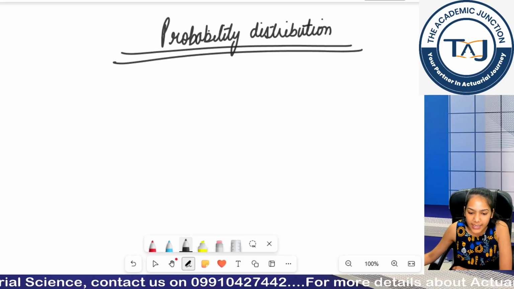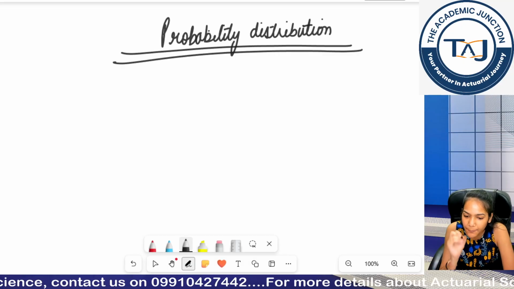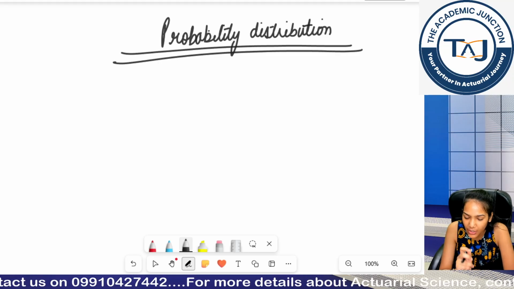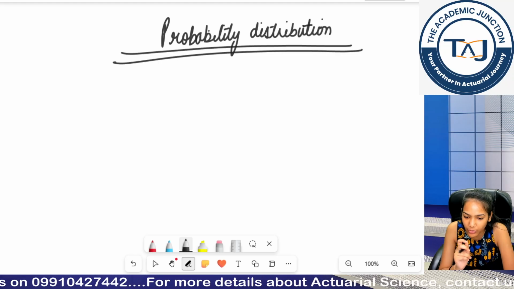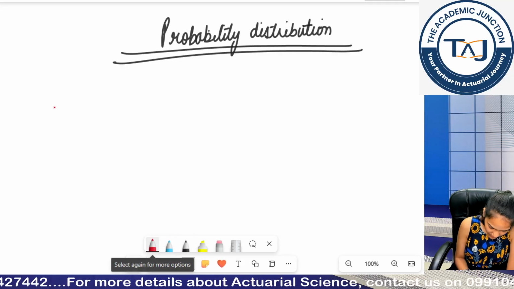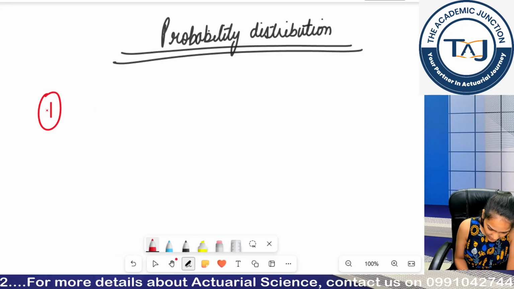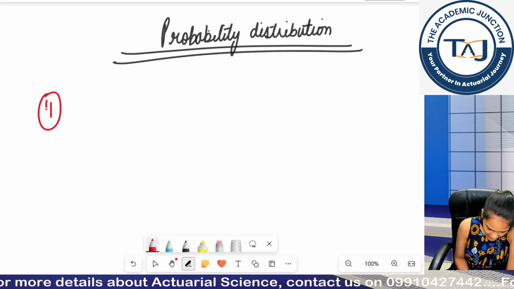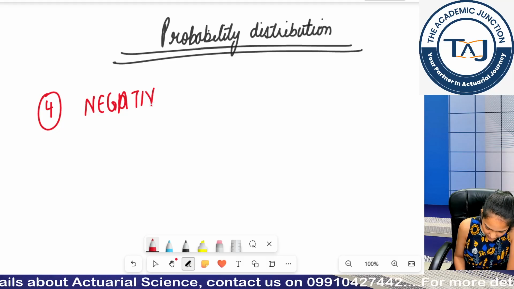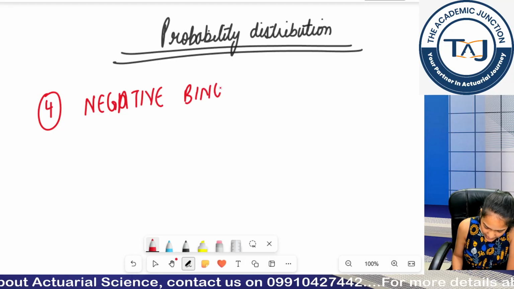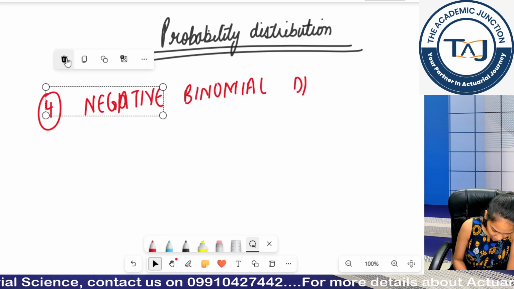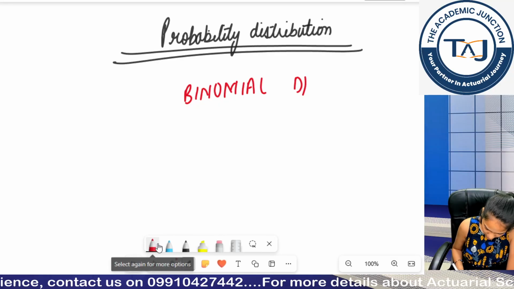As we said in the last class, negative binomial distribution is the general case of our geometric distribution, right? So let's note down the heading. We are doing our fifth distribution. Let's not write the number of distribution.